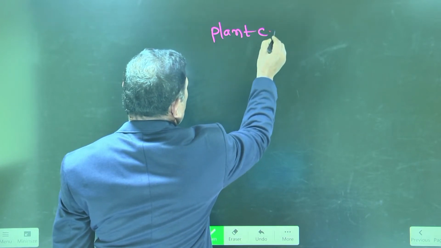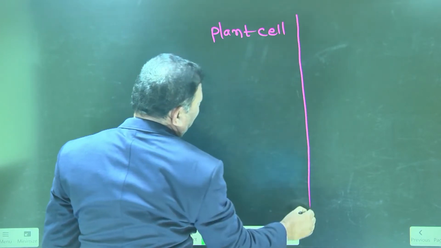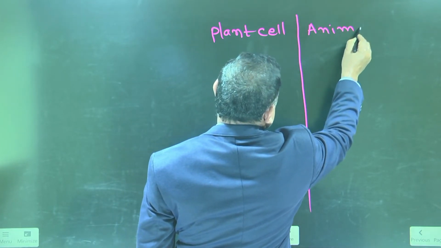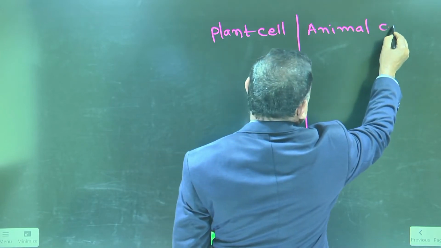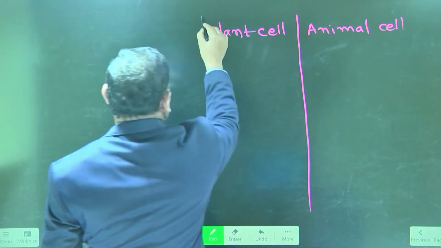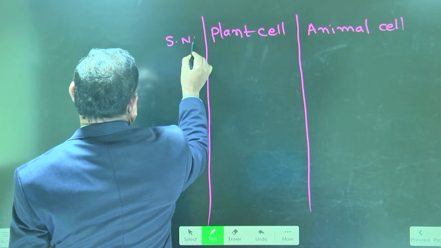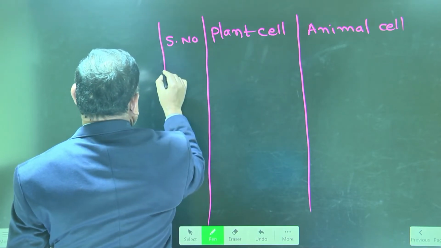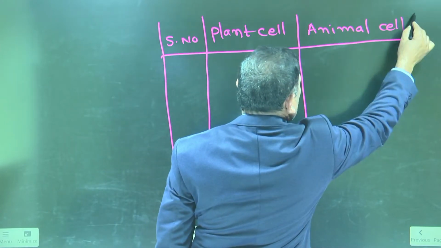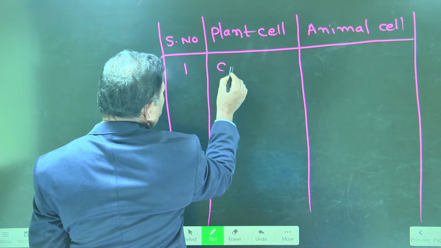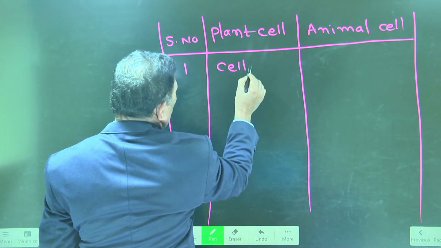In the plant cell, generally cell wall is present.